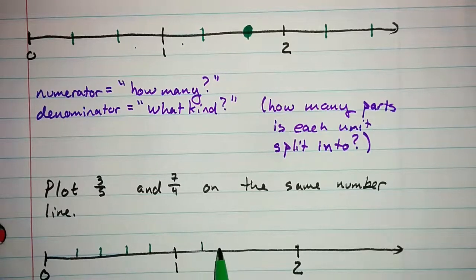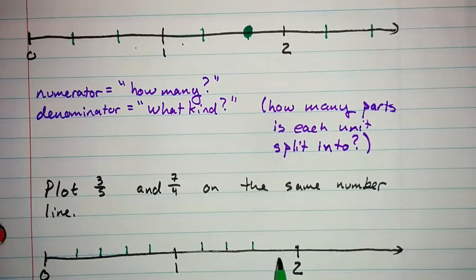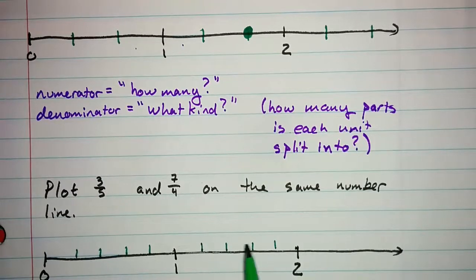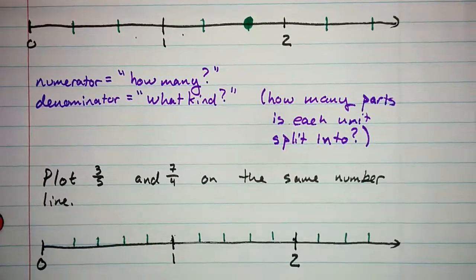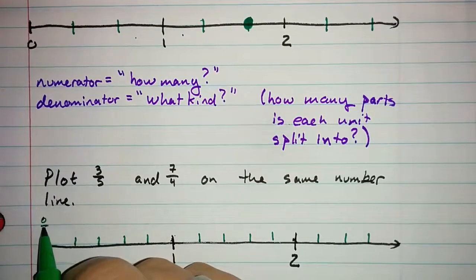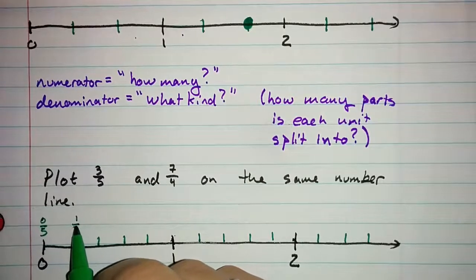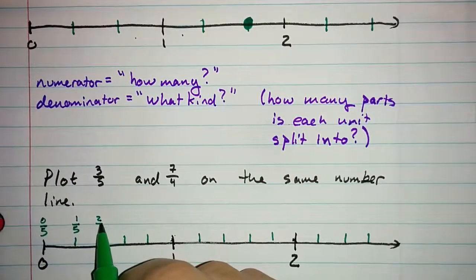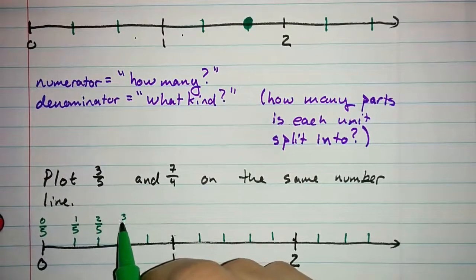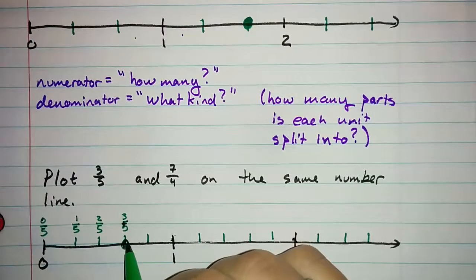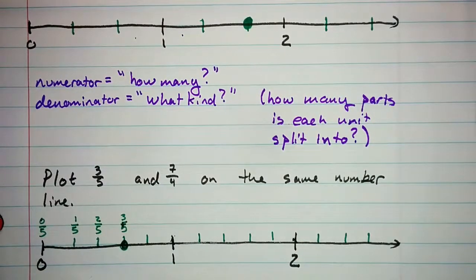Same over here. 1, 2, 3, 4 cuts to get 5 parts. 1, 2, 3, it doesn't go all the way up to 3, so I can't make all of the fifths. And so the fifths are 0/5, 1/5, 2/5, and 3/5. This point here is 3/5.